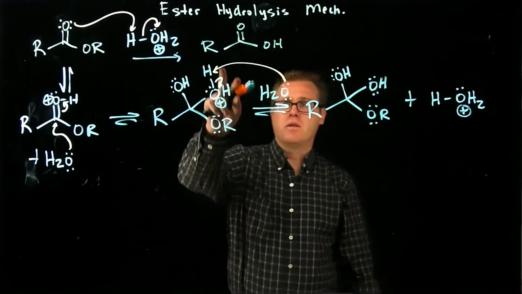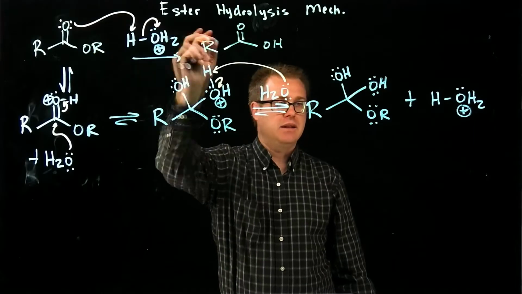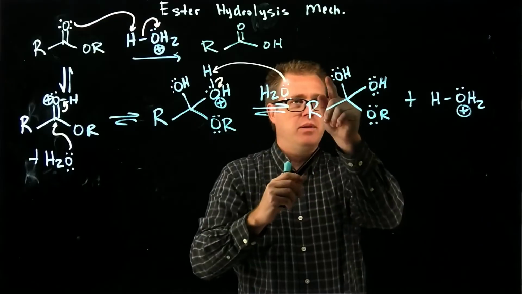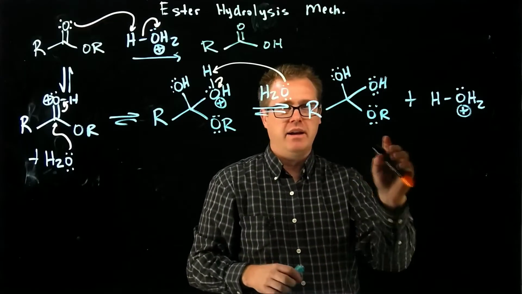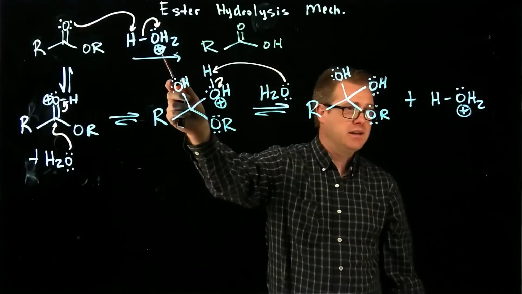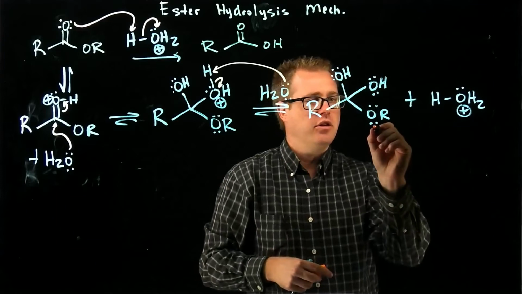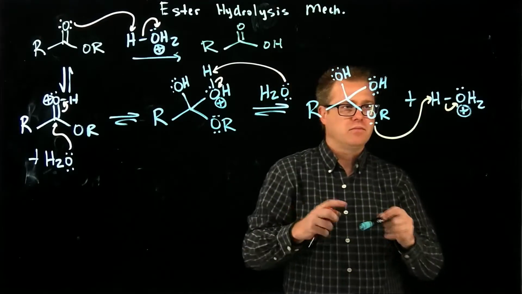Now when I look at the overall reaction, I see that the OR piece has to leave. So can I bring down some lone pairs and kick it off? If I did that, then I'd generate a negative species. I'm under acidic conditions, so I can't do that. So we have to turn the OR into a good leaving group.